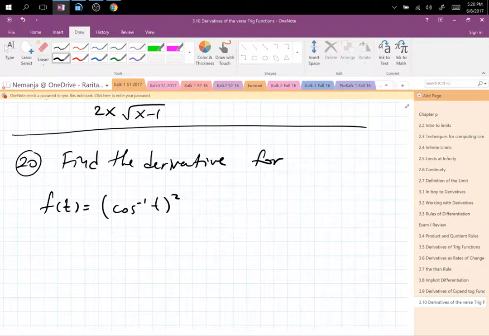Derivative of cosine inverse is, you can't because you have a square on it.